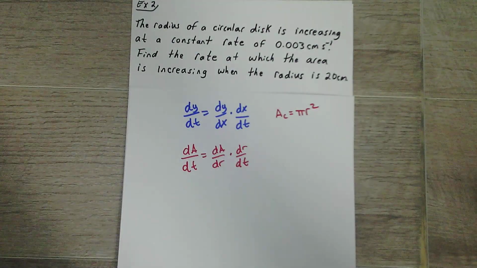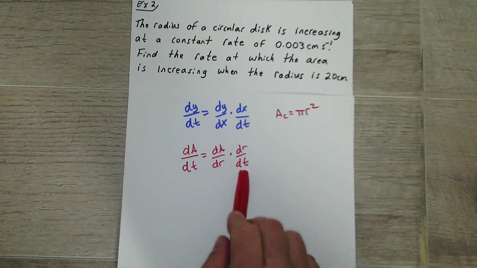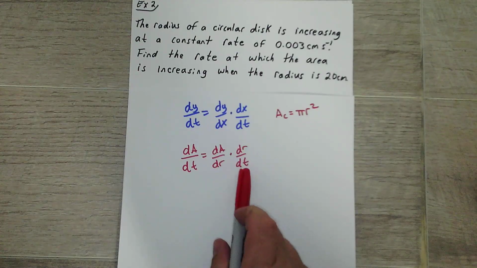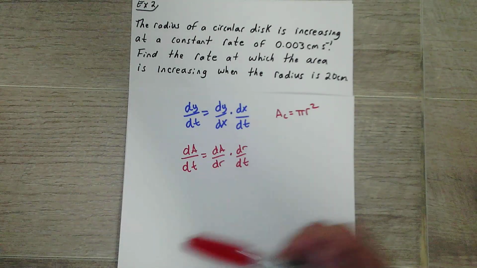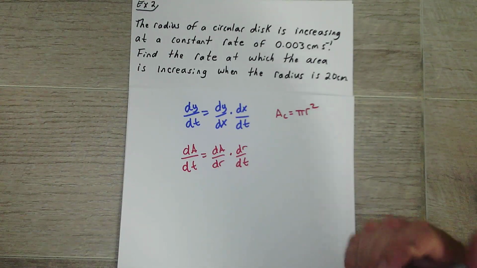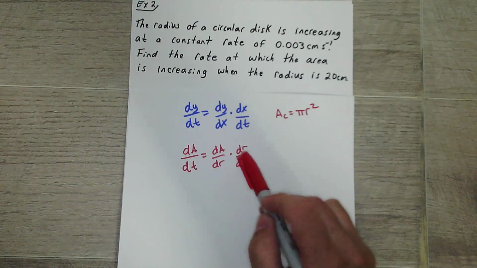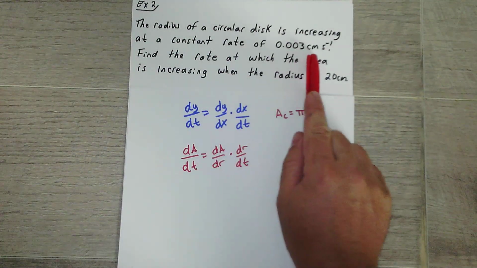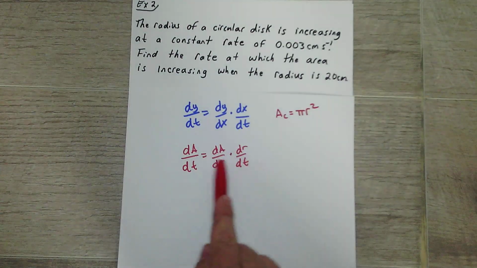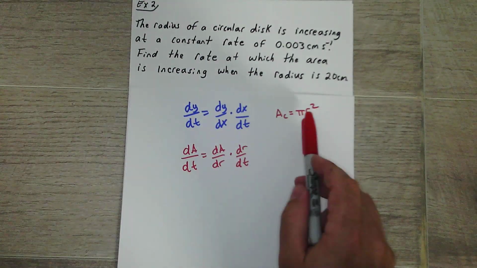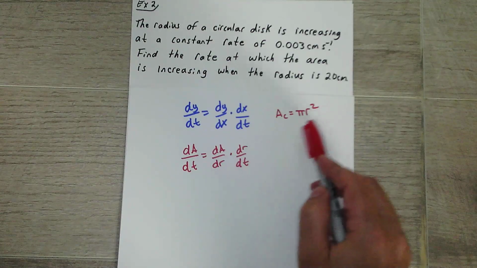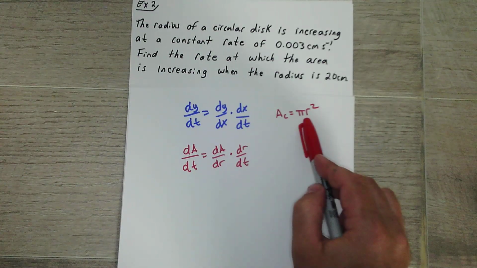Okay, now we go through and we find out which one of these we're given, which one of these we have to find, and which one of these is the derivative. Remember that process. Every single one of these questions, one of these variables is given straight from the problem. So this 0.003, that's one of these. dA/dr, that's going to be the derivative of this.